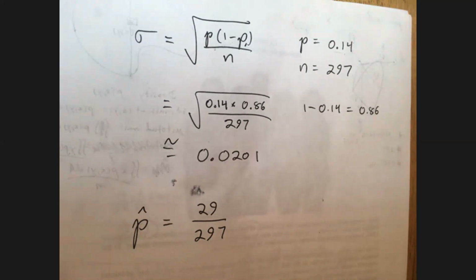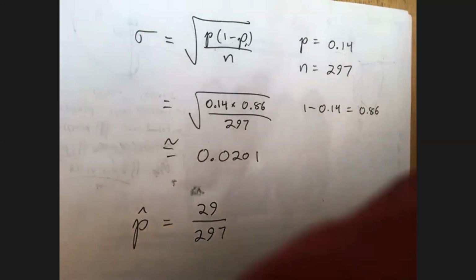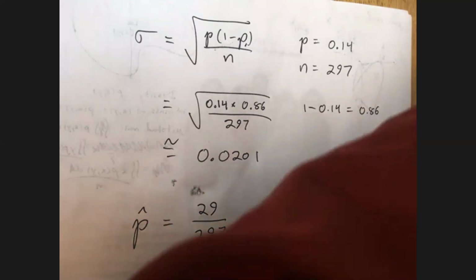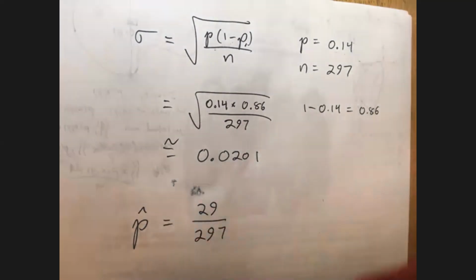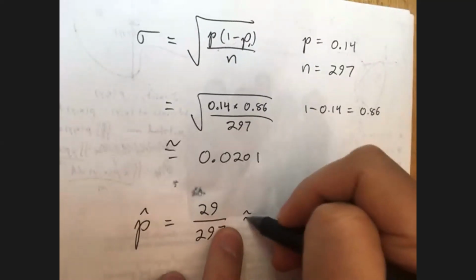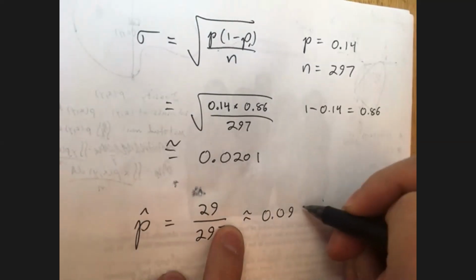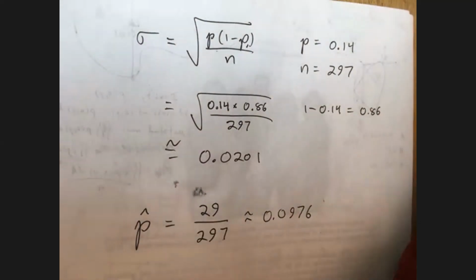What did we get there? That was 29 divided by 297, and we got 0.0976.